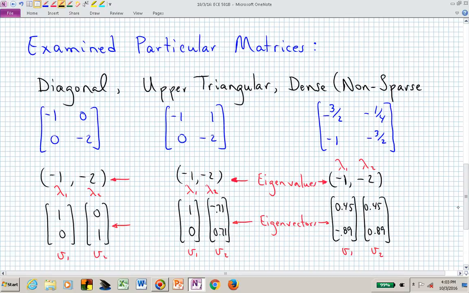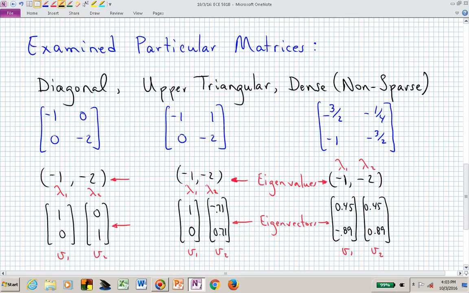Last time we looked at 3 particular matrices, one that was diagonal, one that was upper triangular, and one that was dense, or didn't have a lot of sparsity. There were not a lot of empty spaces in the matrix.